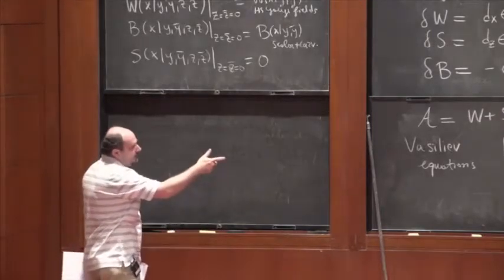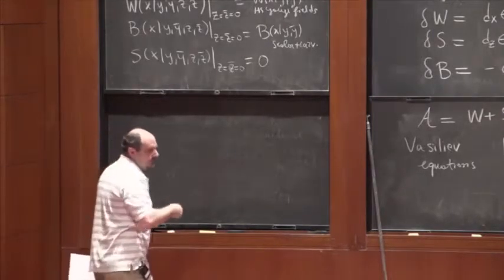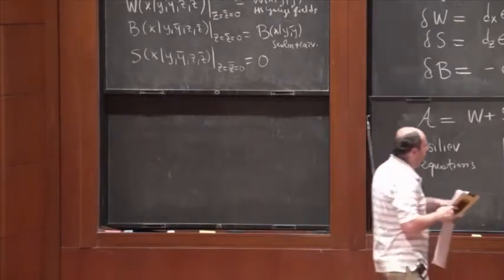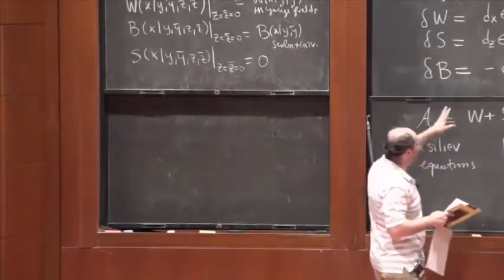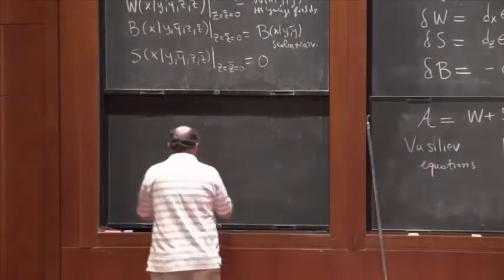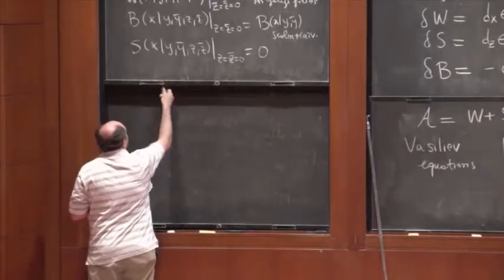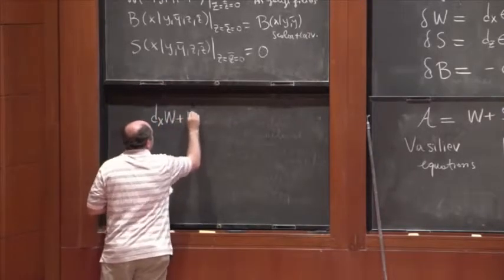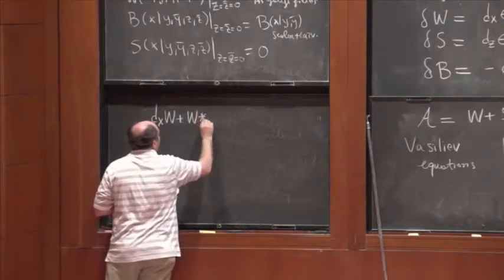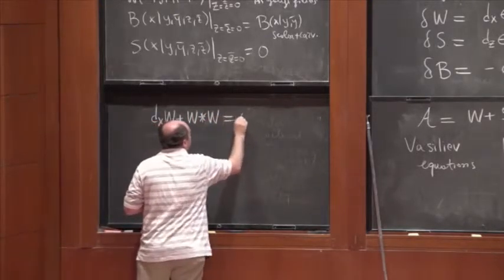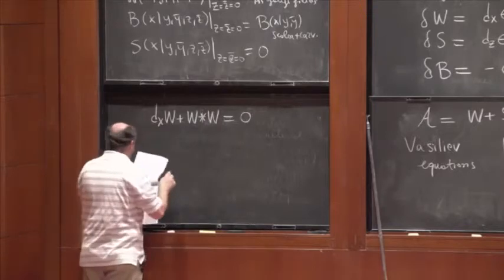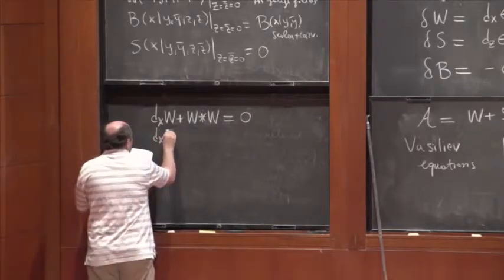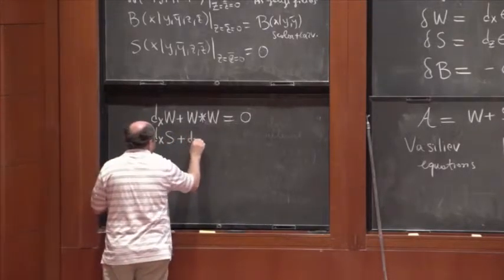That's very compact. We can expand it a little bit in terms of W and S. So the equations look like this. There is one important feature: in terms of W, these equations say that W is flat, and then you get all the other equations.